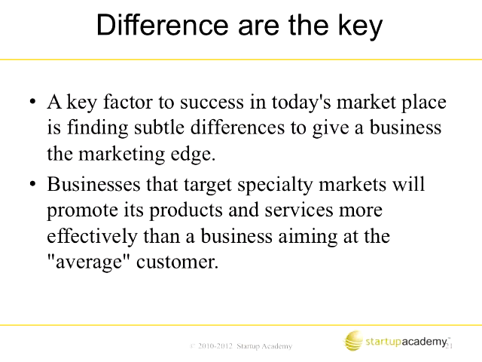Key things here: success in today's marketplace has a lot to do with finding subtle differences to give a business a marketing edge. A business that targets specialty markets can be more effective than businesses aiming at the average customer, because the average customer may not actually exist.